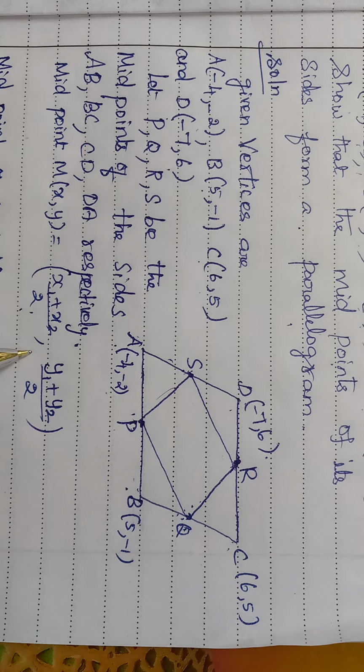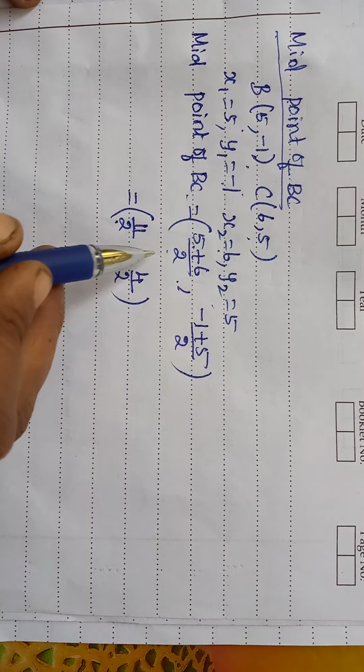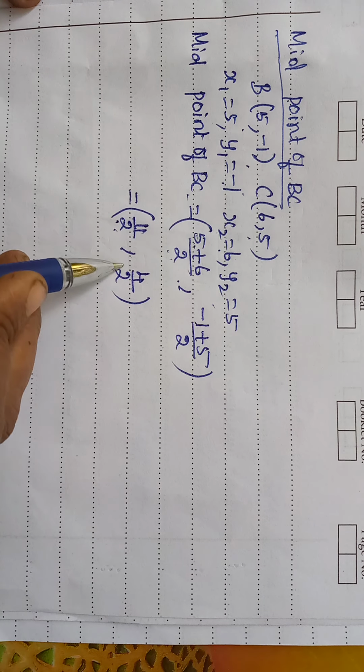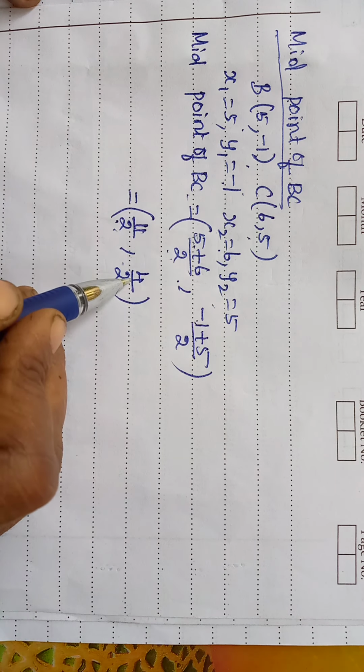Similarly, we have the midpoint of BC, that is B of (5, -1), C of (6, 5). So x1 is 5, y1 is -1, x2 is 6, y2 is 5. So midpoint of BC equals (5 plus 6) by 2 comma (-1 plus 5) by 2. That is 11 by 2 comma 4 by 2.